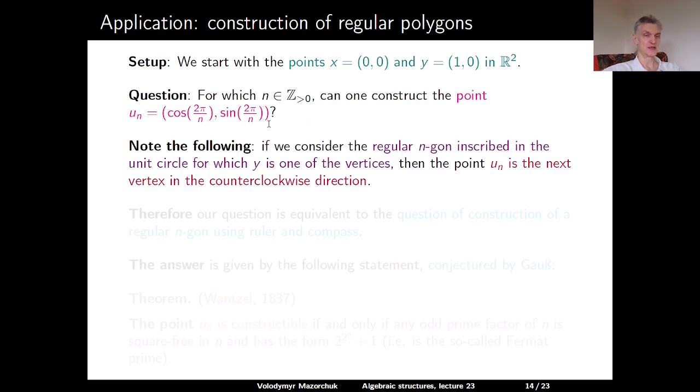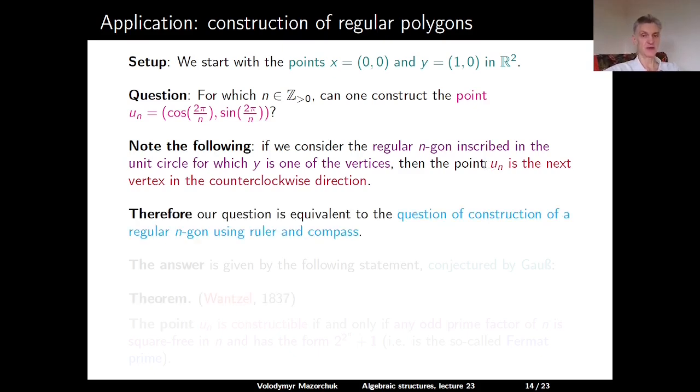Let us note that if we consider the regular n-gon inscribed in the unit circle, for which our point Y is one of the vertices, then the point U_n is exactly the next vertex of this regular n-gon if we go in the counterclockwise direction.